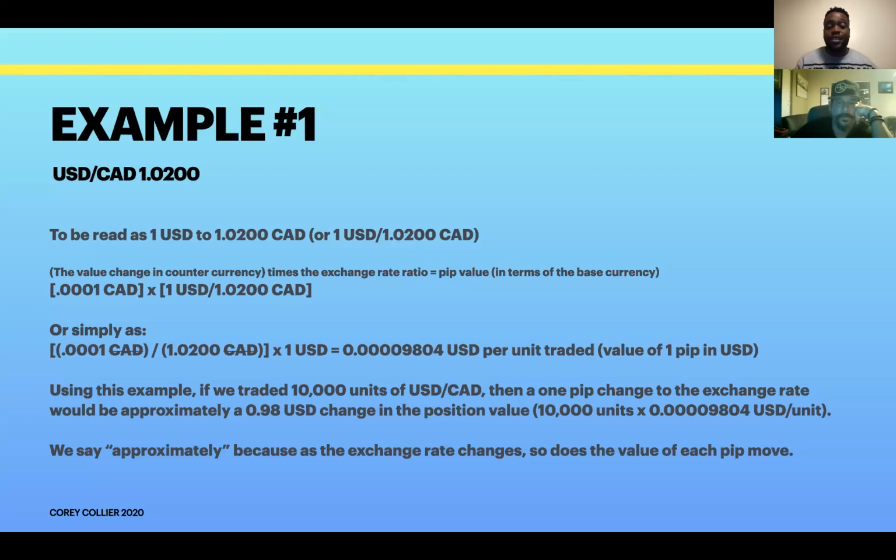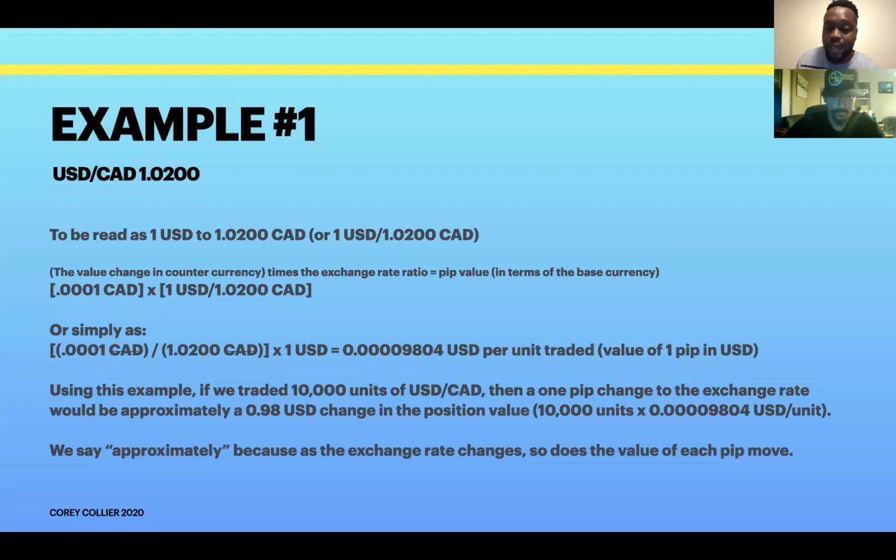Now, in order to get the proper value, you have to also multiply that by your lot size. In this example, we're using the mini lot size, 0.10. So if we're using 0.10, we're trading 10,000 units of the USD CAD, right? Then a one pip change in the exchange rate would be approximately 98 cents.